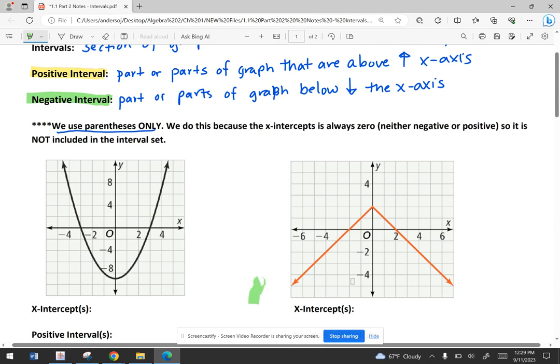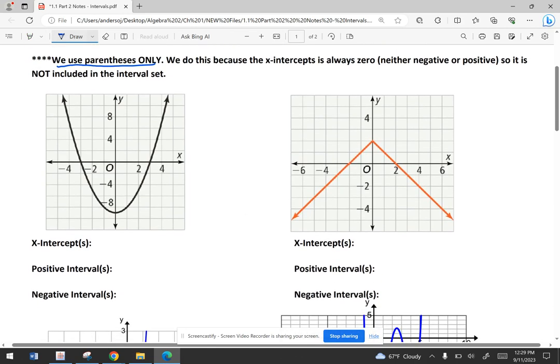So what I'm going to do on this next section is highlight the parts that are positive and the parts that are negative. So again, I'm going to choose yellow for positive. I'm looking at the line. You can see here I have a parabola, and this parabola goes all along the graph.